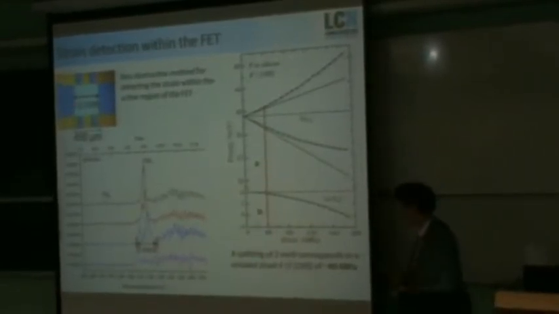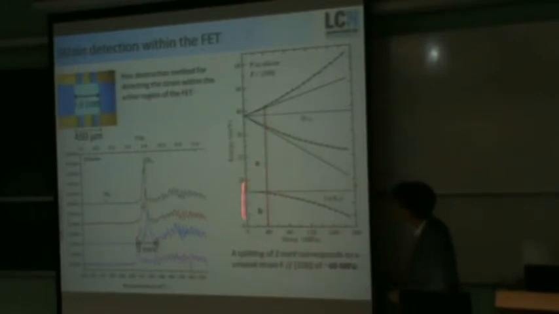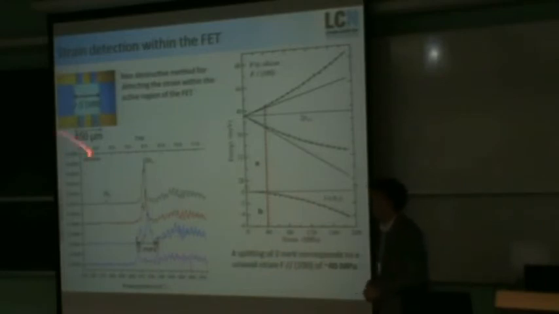To explore this further, what we've done is strain the layers of silicon, and you can see quite nicely a splitting of some of the energy levels. Here, with a relatively moderate strain, you can see a splitting of about 20 wave numbers. Just by fitting this to a basic curve, you can see that this is about 40 megapascals of strain.